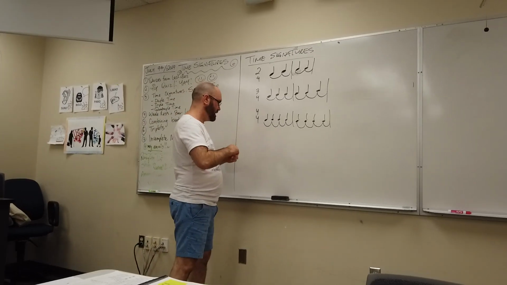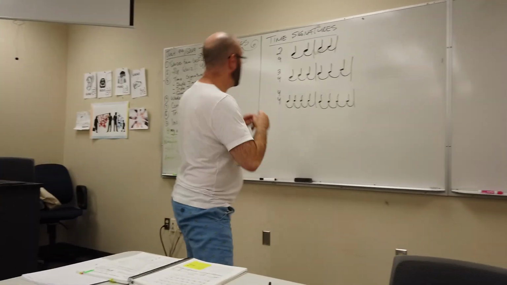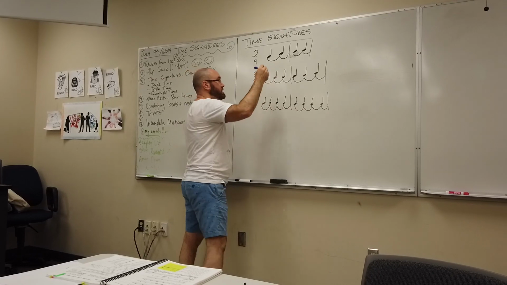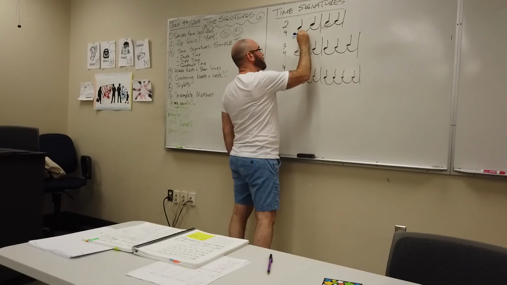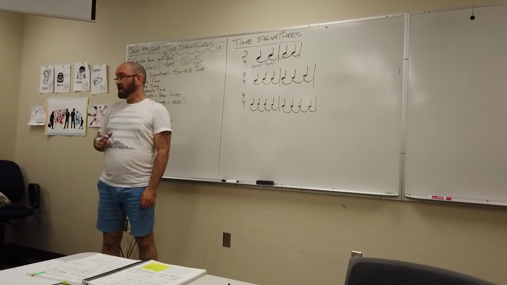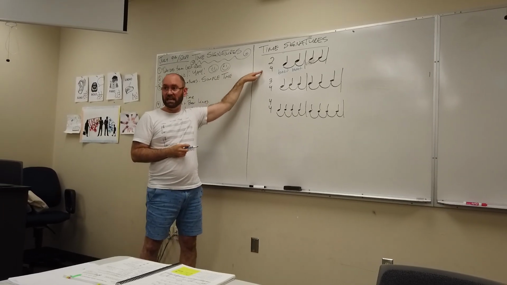All right. So the next thing that they talk about a lot in this book is something called the basic beat. So the basic beat is literally what the time signature is.